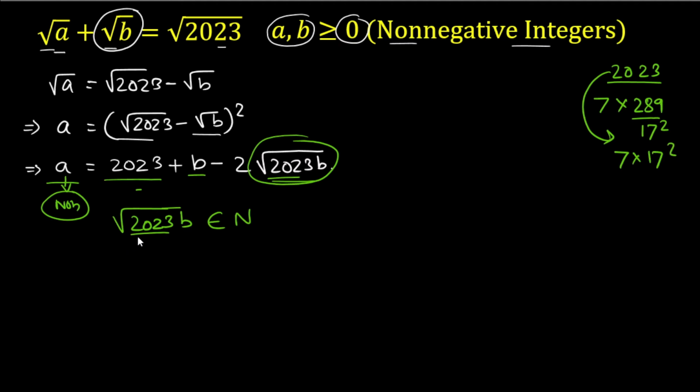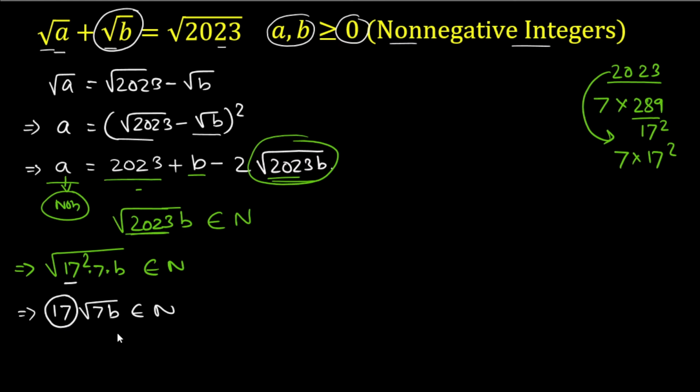Now in place of square root 2023 we can write square root of 17 squared times 7 times b. And for this term to be an integer, from here we can take 17 outside the square root, so we can write it as 17 square root of 7 times b. Now we have 17 outside the square root, and we have 7 times b.